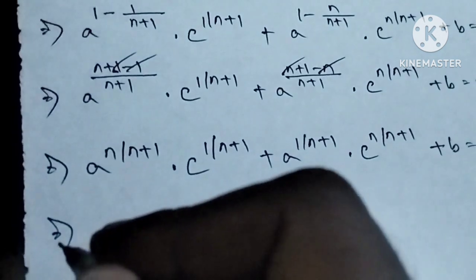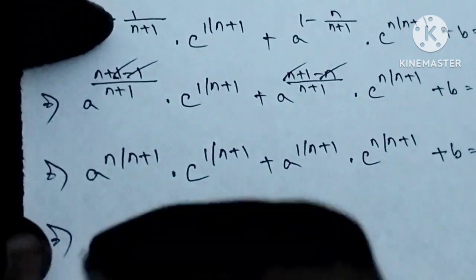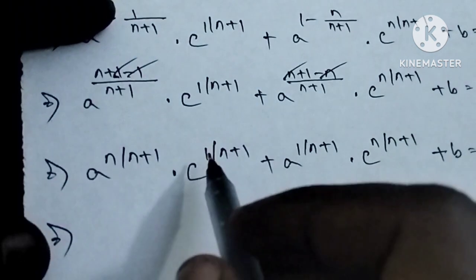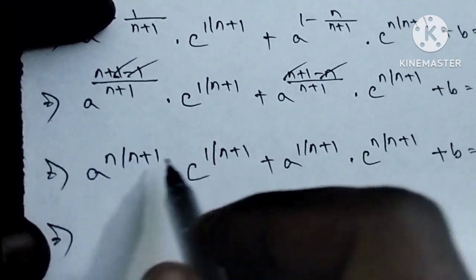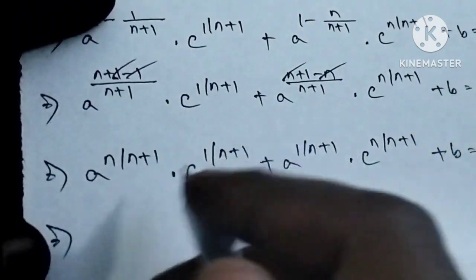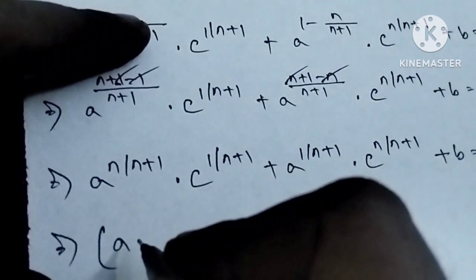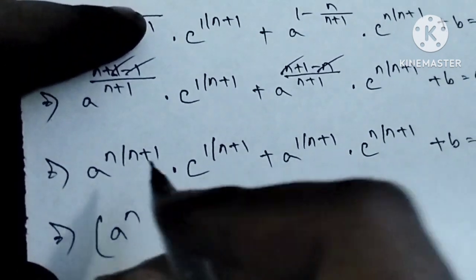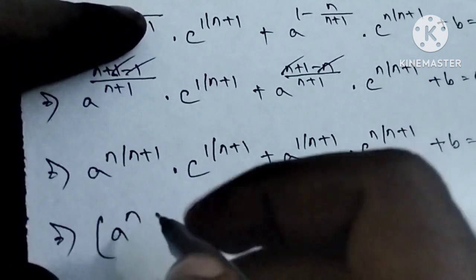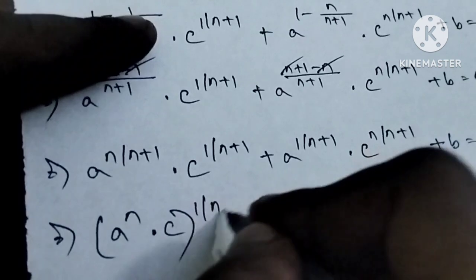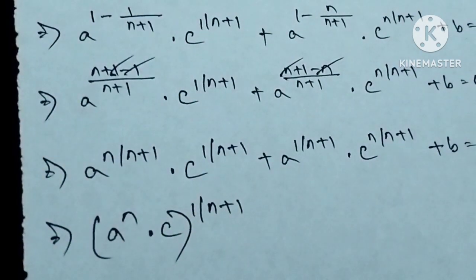Okay, so now what will I do? So it will be a to the power n into c to the power 1 by n plus 1, I can write.